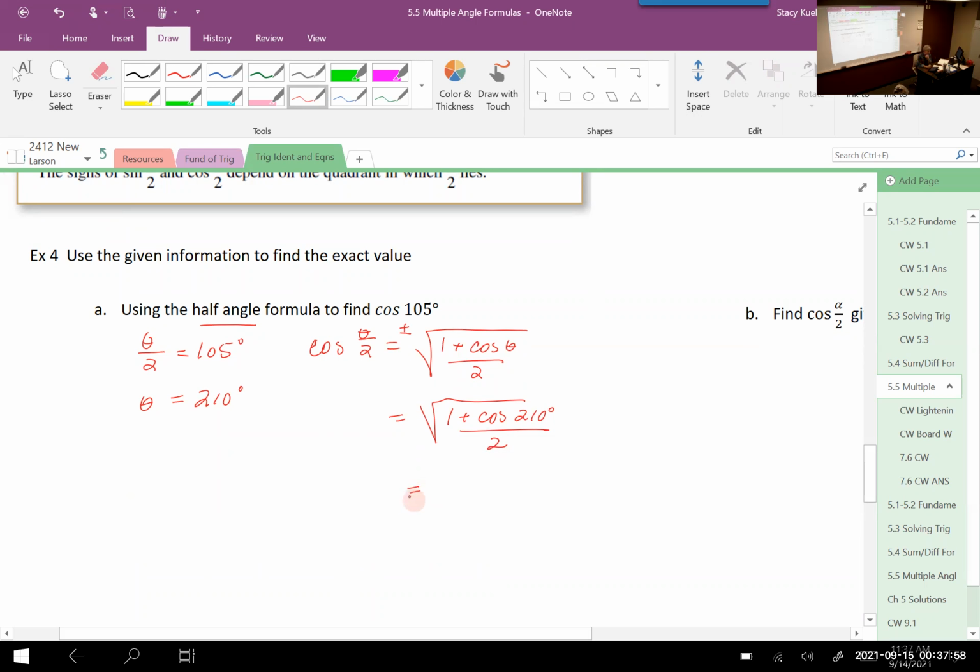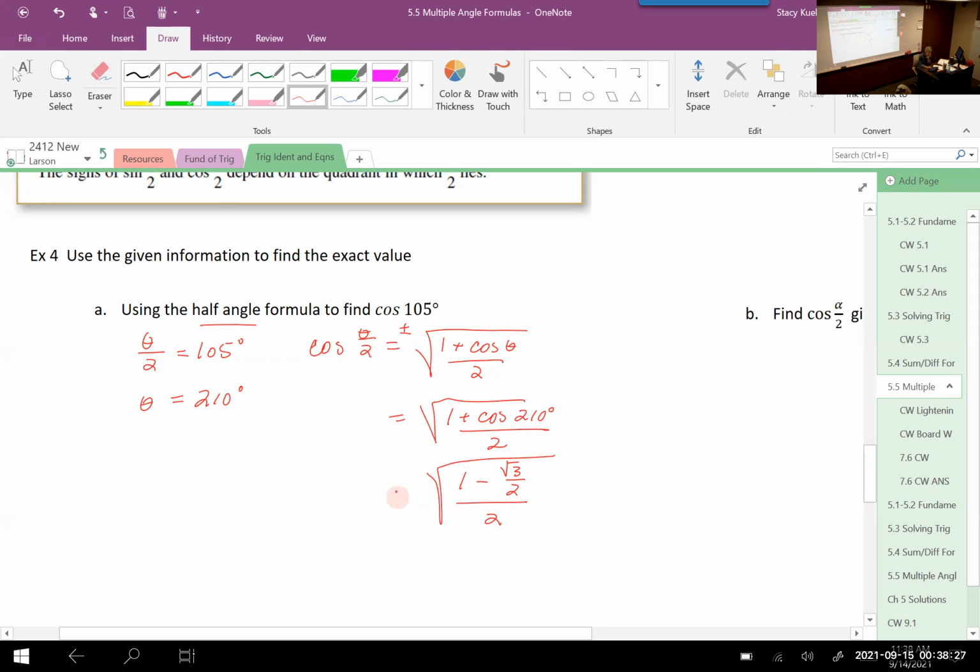What's the cosine of 30? Square root of 3 over 2. 210 is in the third quadrant, so this has to be negative, correct? So this would be 1 minus the square root of 3 over 2 in the numerator, divided by 2 in the denominator, all under the square root symbol.